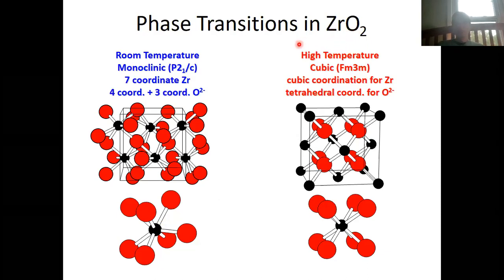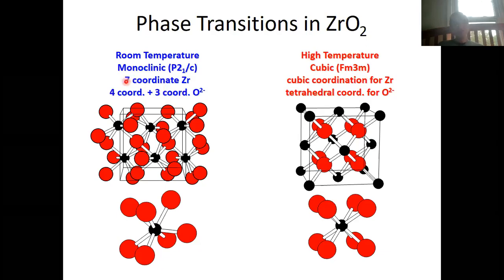So for zirconium dioxide, we know two phases, one room temperature phase and one high temperature phase. So the room temperature phase is denser and is not ionically conducting.